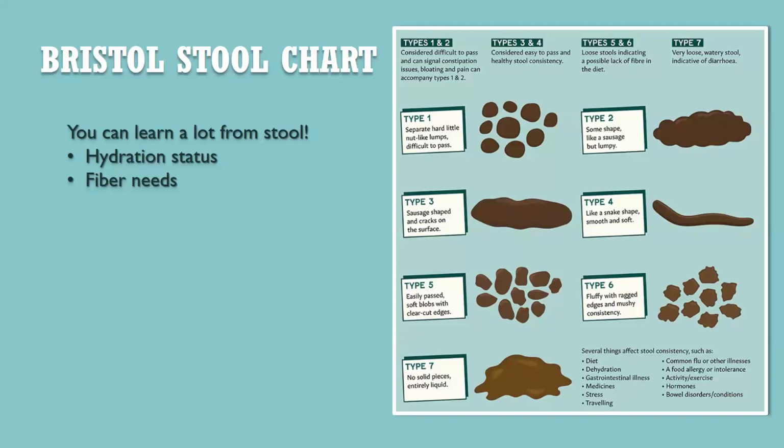They could use a chart like this to show what their stool is looking like, so you can mark it on a bowel movement log. It can tell you if they need more fluids, if they're needing less fluids, if they're needing more fiber. Very important thing to keep track of.